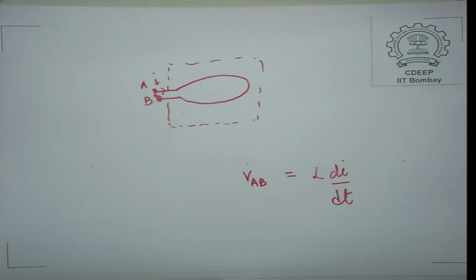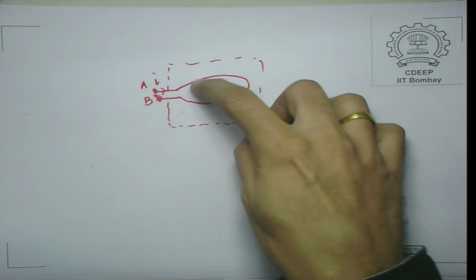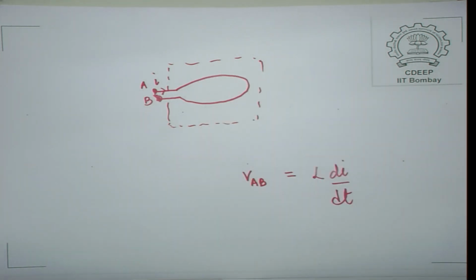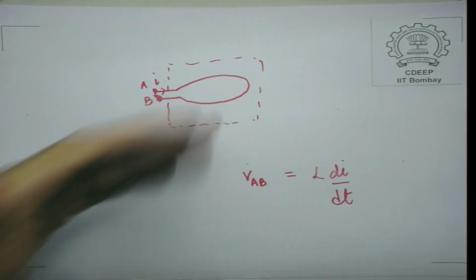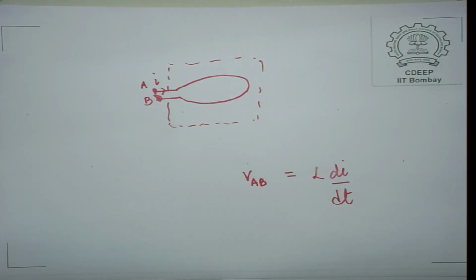Of course, there are very many non-idealities in this. We also defined an ideal capacitor, and we again saw there that there are some assumptions made when defining these ideal elements. For example, this coil could have charges on it, and you could have electrical fields within this inductor as well, but we neglect those effects.